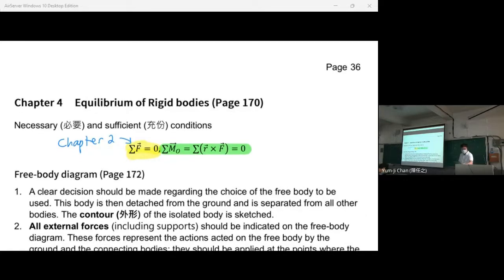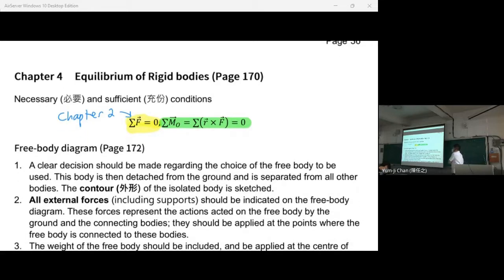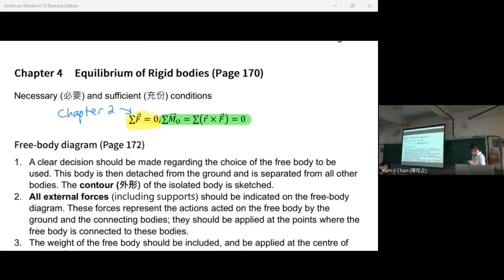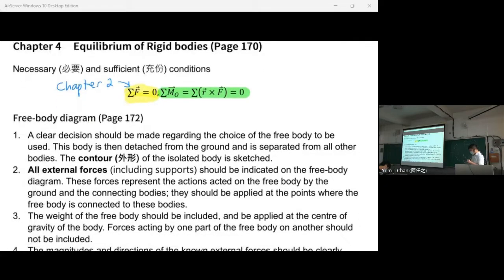And these are the necessary and sufficient conditions. Necessary and sufficient in Chinese are these two.